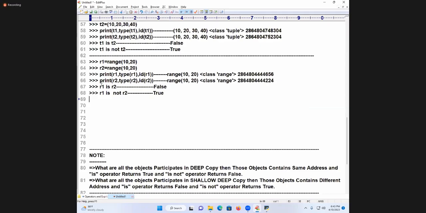Now coming to the point of it, range is done. Next I'll go for what? Bytes. Byte array. BA1 is equal to, come on, byte array of 10, 20, 30, 40. What am I converting? A list. I am converting into which type? Byte array. Now BA2.